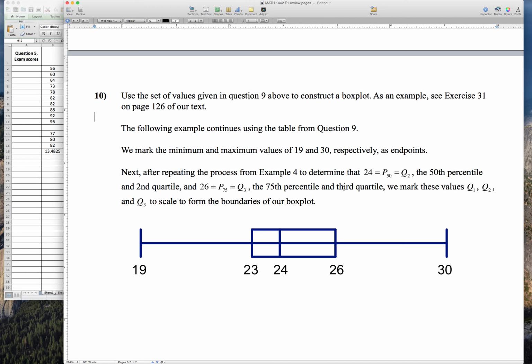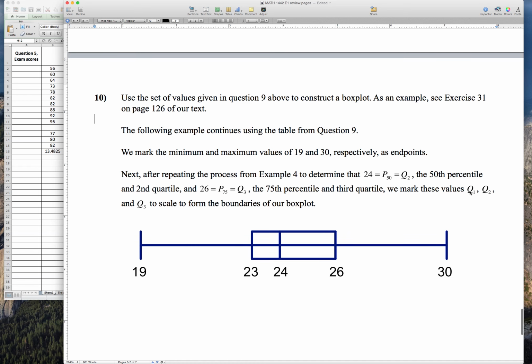The values are the quartiles. Quartile 1 means the 25th percentile. So there's quartile 1 right there, identified with a capital Q sub 1. So quartile 1 is the 25th percentile. It's the value at or below which 25% of the values in the data set lie. Quartile 2 is the 50th percentile. It is the value at or below which 50% of the values lie.